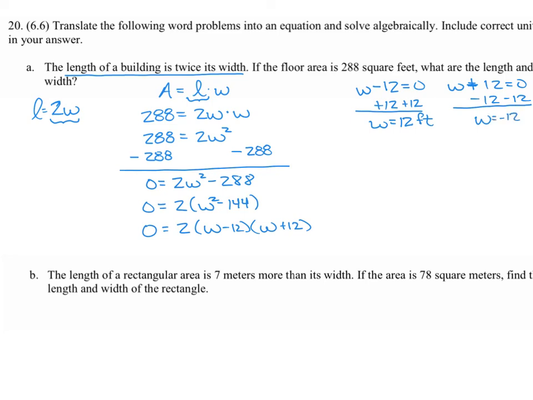We are going to discard this because we are talking about the length of a building, and the width of a building cannot be a negative number. And so my width is 12 feet. Now we still have to find the length. So my length is going to be 2 times my width, or 24 feet.